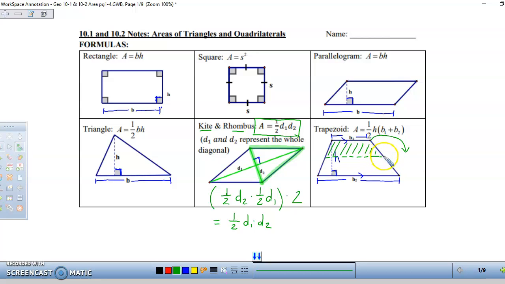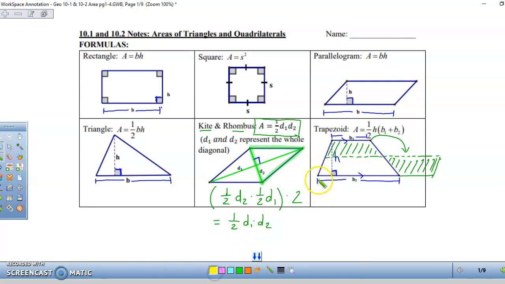So I take this part and I rotate it down here. You can imagine that. Well, now I have these two pieces, so let me highlight that with maybe this yellow. But these two pieces here is just a rearrangement of the trapezoid.